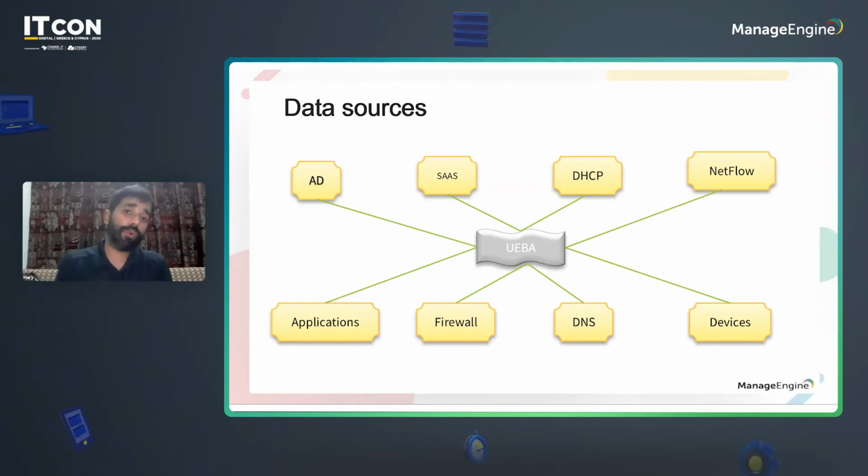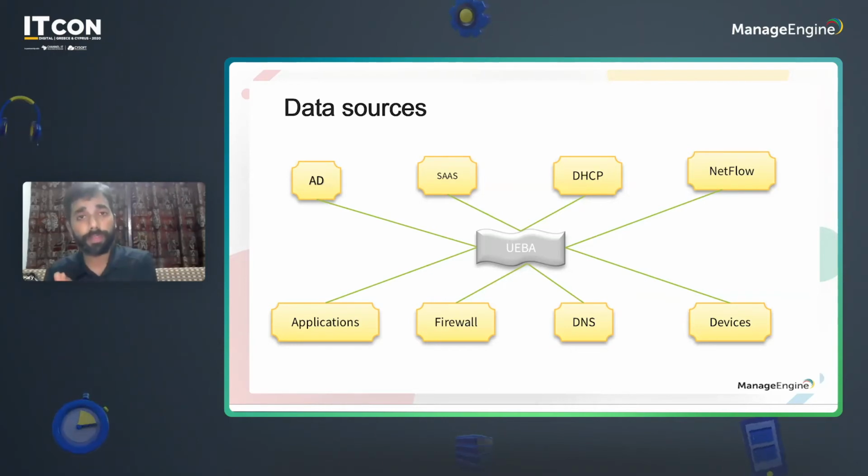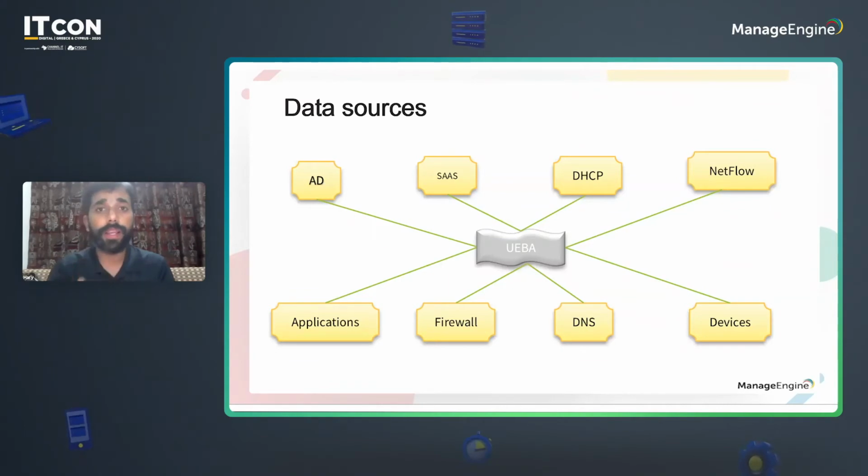Of course, a SIEM does tell you what is happening, but to understand user behavior, you need to stop thinking about being reactive. I want you all to be predictive, predicting what is happening to a particular user at a point in time, for which you have to understand all of your data sources.